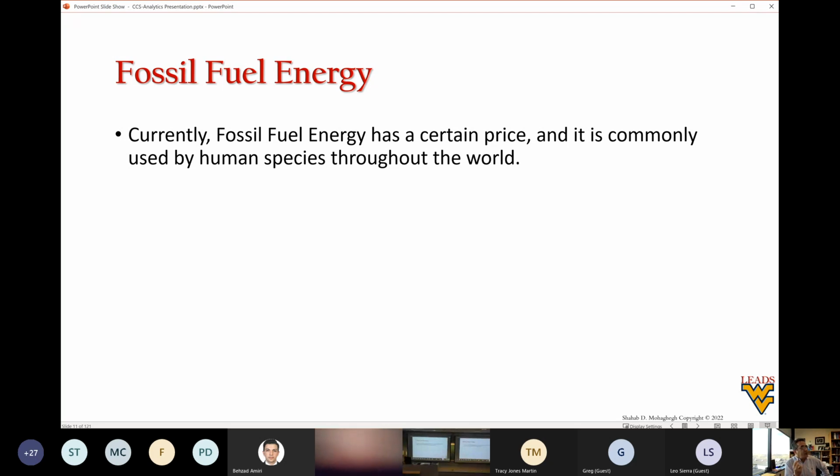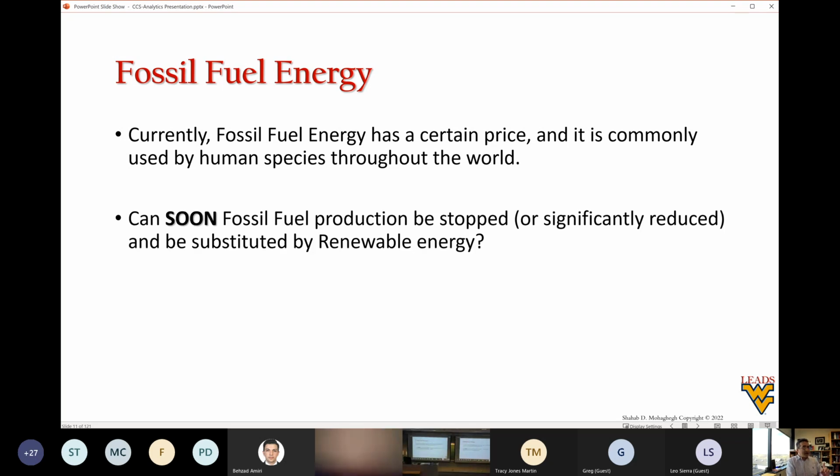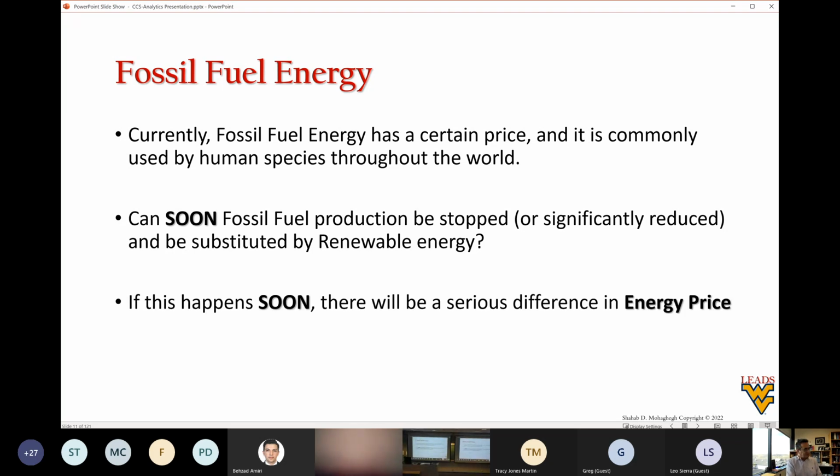And it is commonly used by the human species throughout the entire world. There is a question: can, soon, the word is soon, how soon, can fossil fuel production be stopped or significantly reduced and be substituted by renewable energy? That is a question that we need to think about.